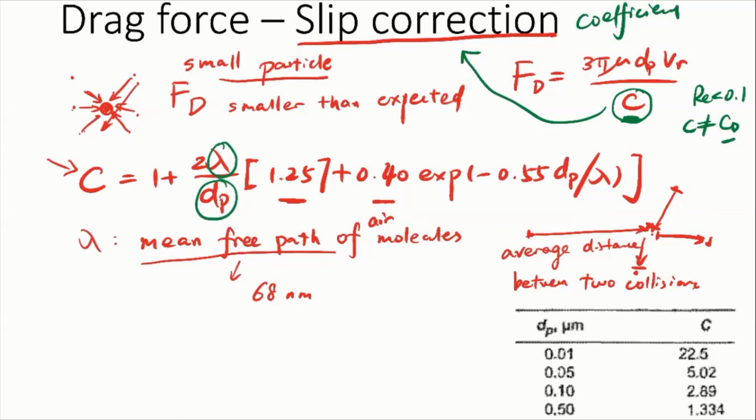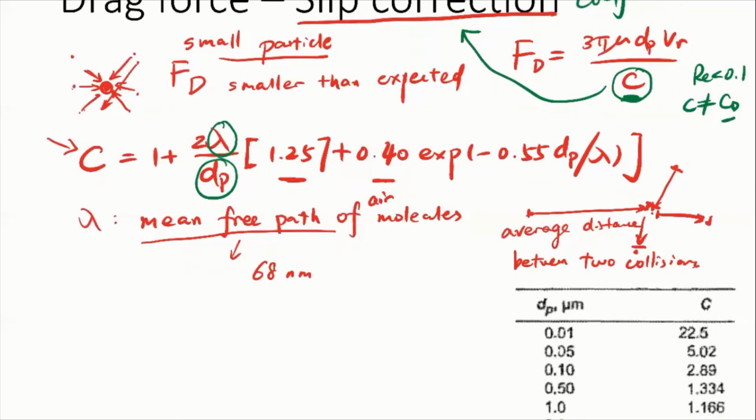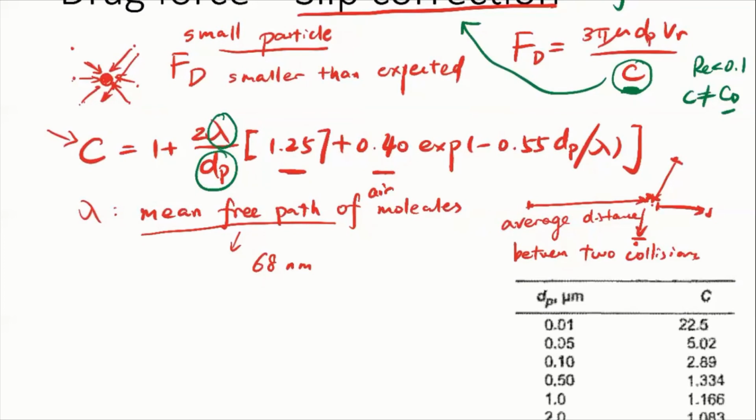We have a lot of other terms here, but let's just look at two extremes. Let's say when dp is much larger than lambda. This is in the very large particle regime, the potato regime.